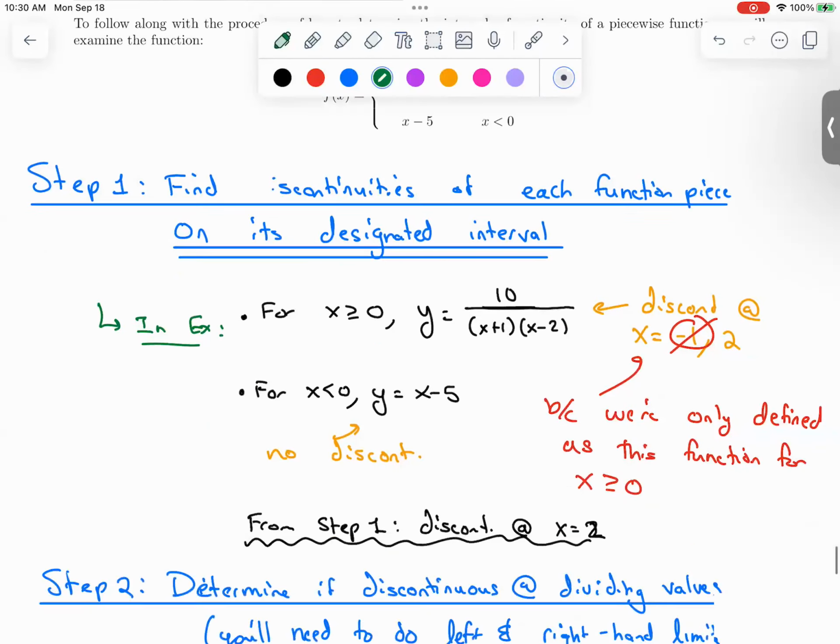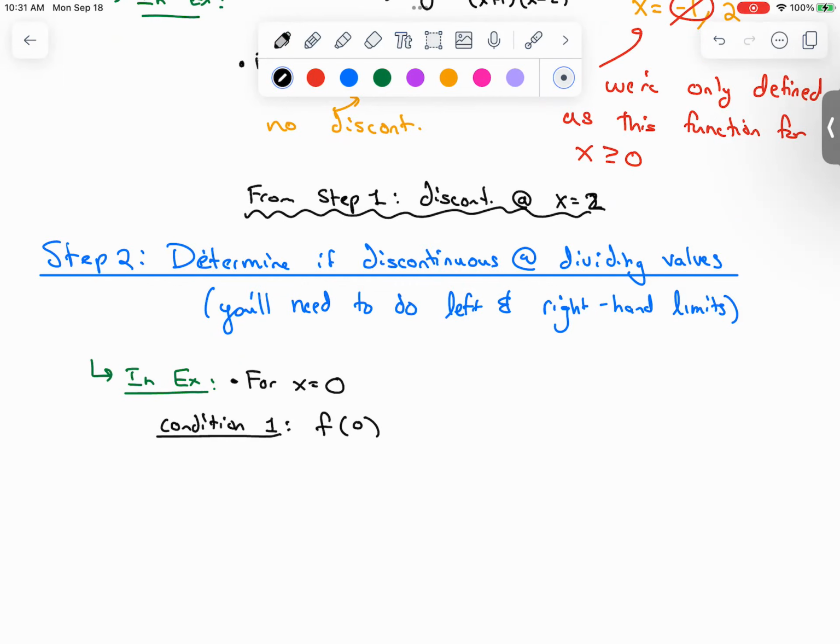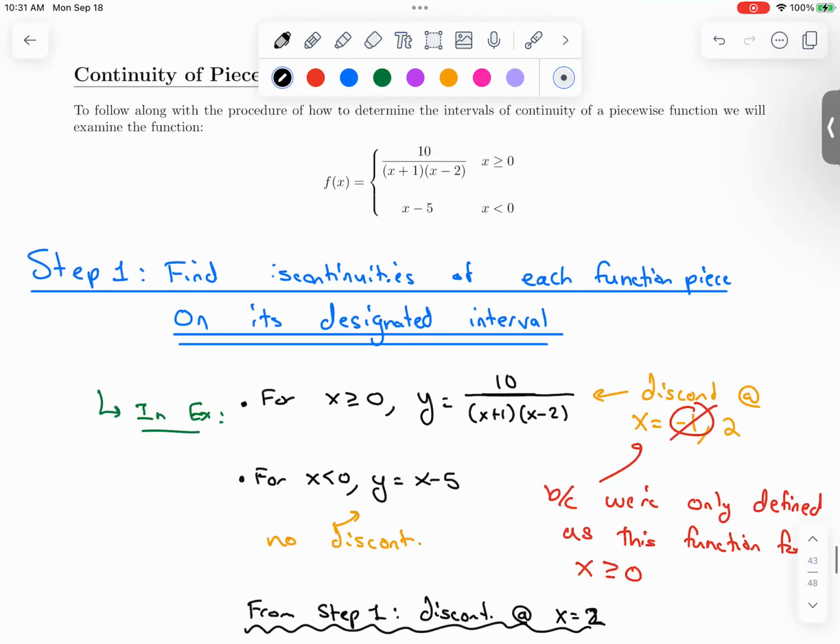So for x equals 0, we need to check condition 1: f of 0. We need to find f of 0, and this is an important thing. Going back to it, which function would I plug it into?